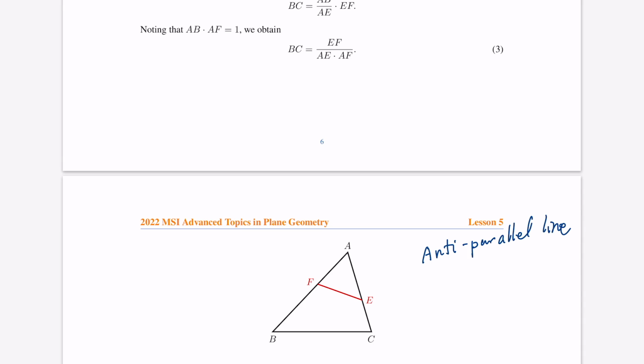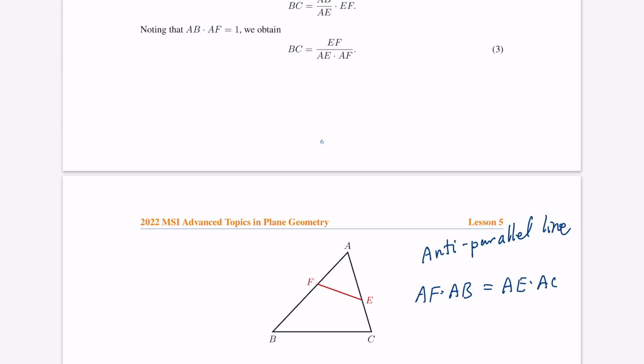So what's the definition? So here, in this situation, we will say that EF is an anti-parallel line if the following is true: AF times AB is equal to AE times AC. So why do we call this anti-parallel line? Because if AF over AB is equal to AE over AC, if that were true, then the line obviously should be parallel to BC. And if you replace division by multiplication, then you call it the anti-parallel line.